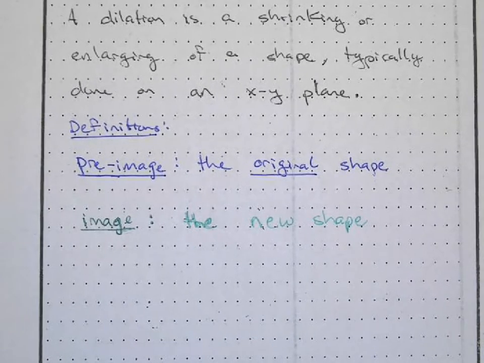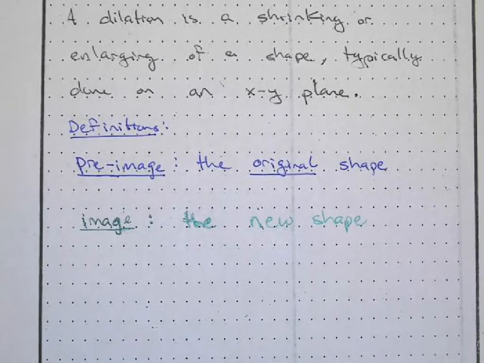So we have a preimage, our original shape, and then we'll either shrink it down or enlarge it, and that'll become our new shape.